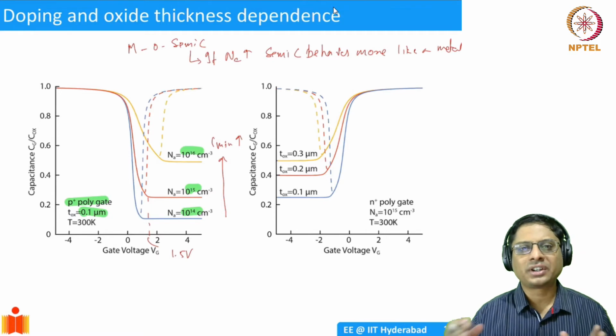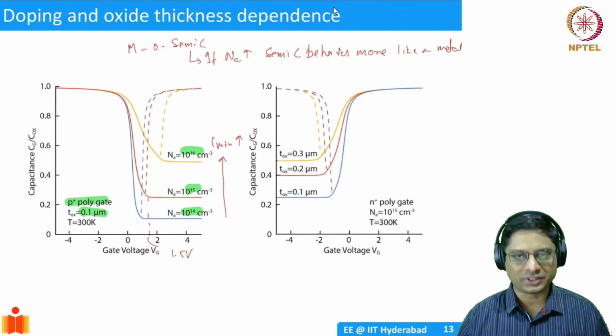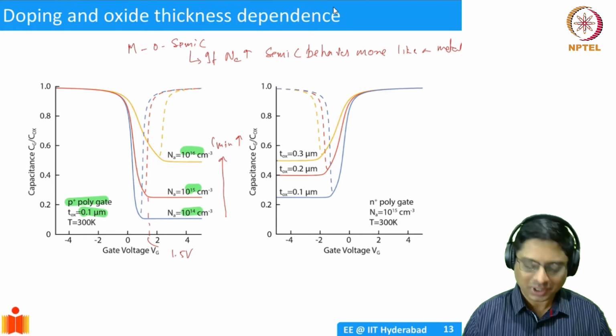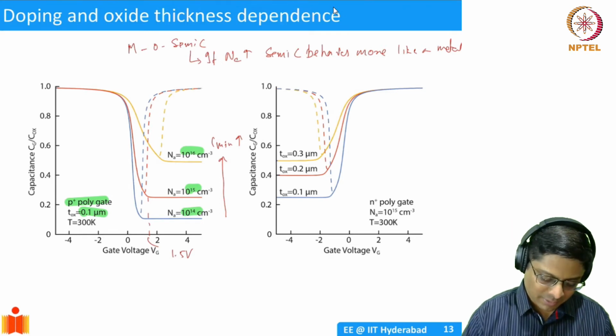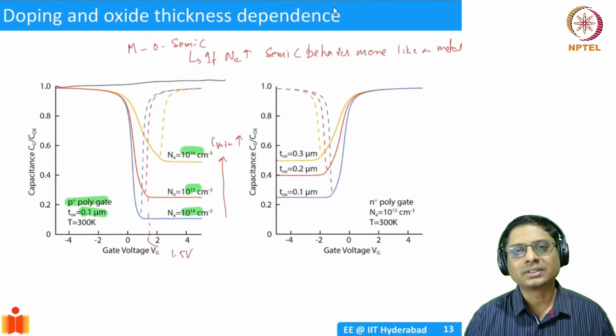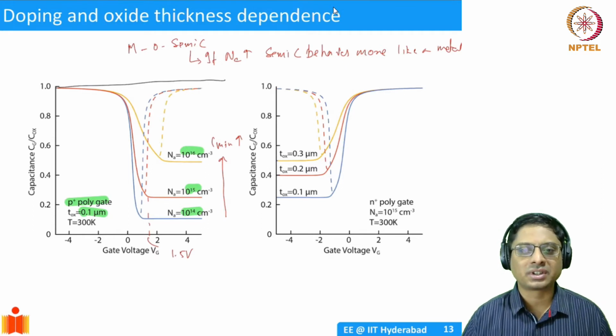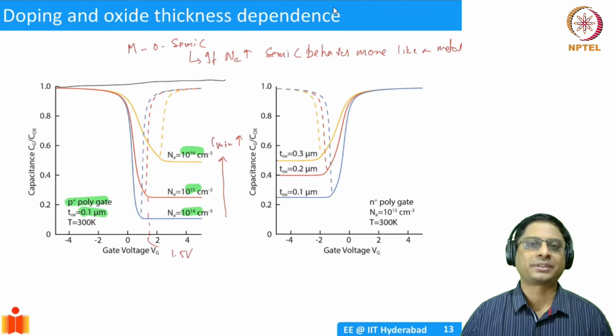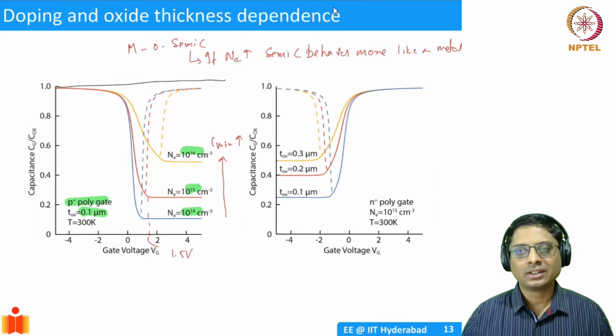So effectively, you're approaching a parallel plate capacitor structure. How does the CV of a parallel plate capacitor look? Well, it will be flat, constant. It doesn't change. It's a fixed number. So as you increase the doping concentration, you are approaching the parallel plate capacitor. That is one aspect.